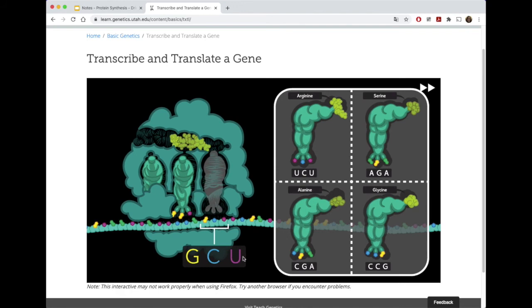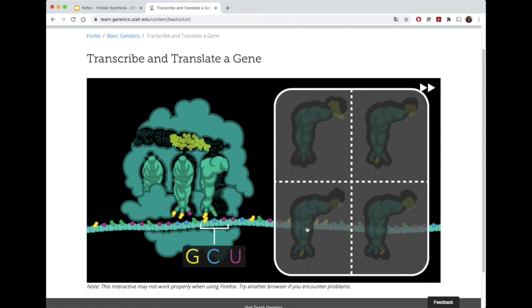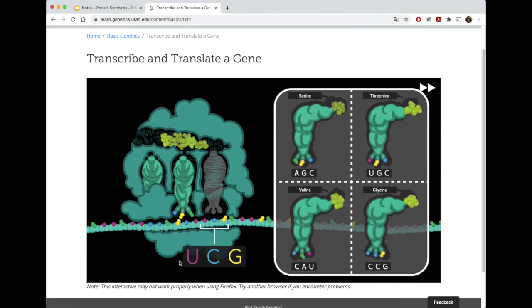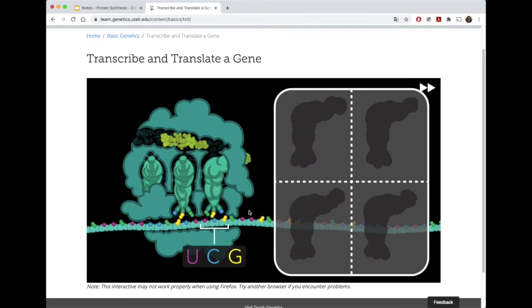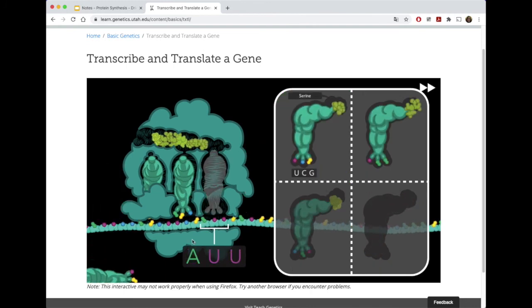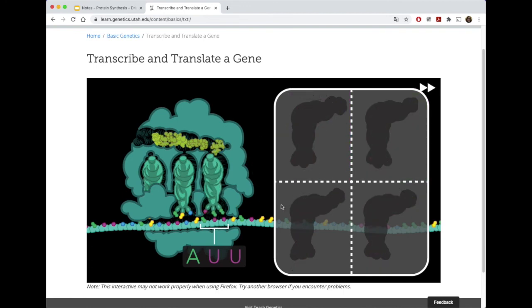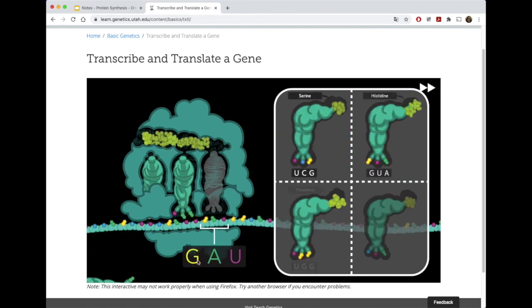GCU, CGA. Alanine. UCG, AGC. Serine, or SER for short. AUU, UAA. Isoleucine. GAU, CUA.